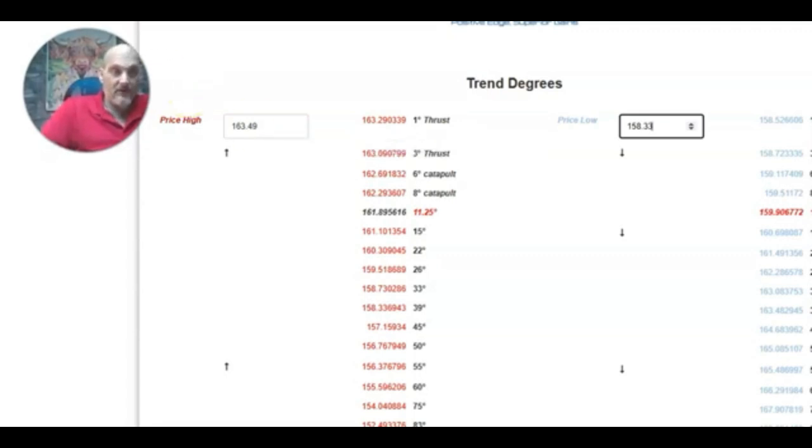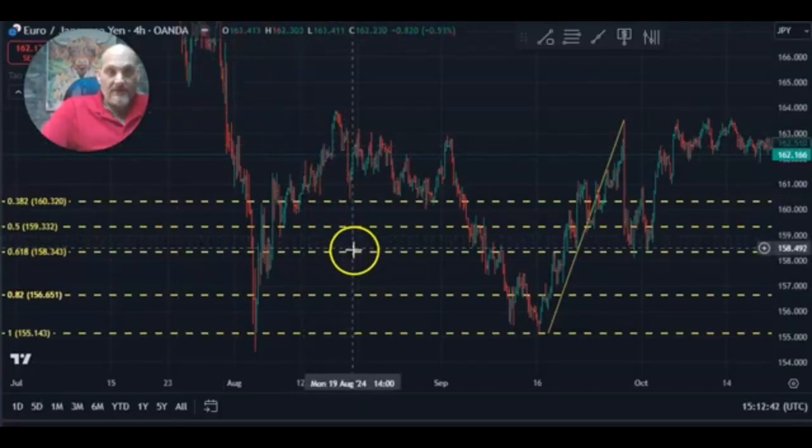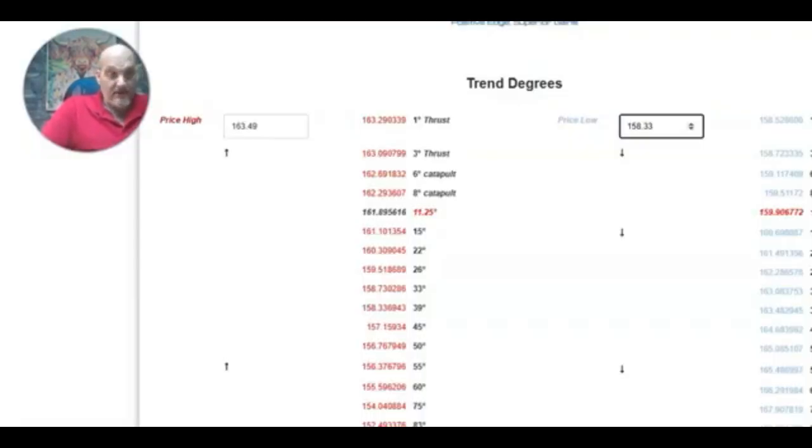Let's go back to the chart. My 618 retracement is at 158.30. So I'm going to go to my trend degree calculator, and I'm going to find a trend degree that's very, very close to 158.30. Sometimes it'll be really on the money.